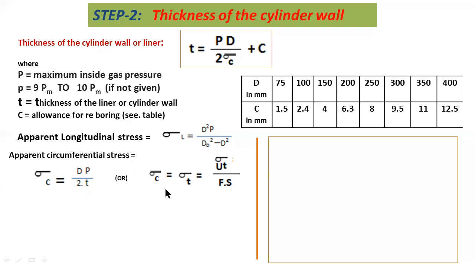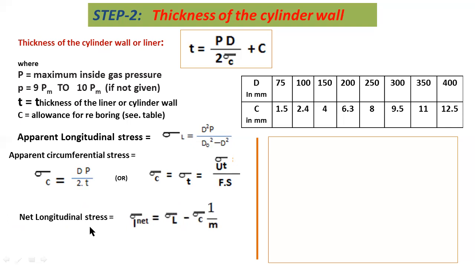And if it is not given, then you can use this formula also: sigma C equals sigma T equals sigma UT by Fs. Sigma UT means ultimate tensile stress, and Fs means factor of safety. Sigma T is the tensile stress, or sigma C is the circumferential stress.